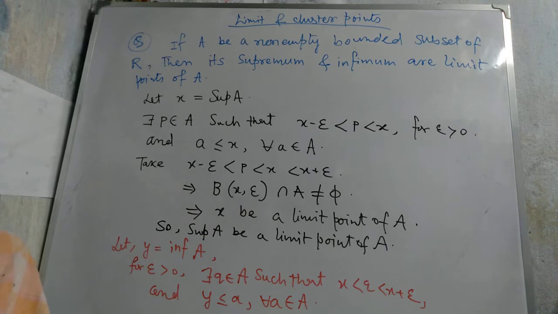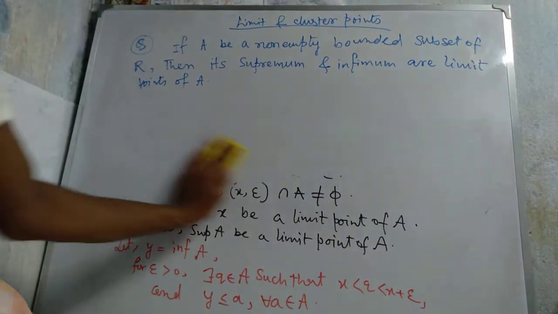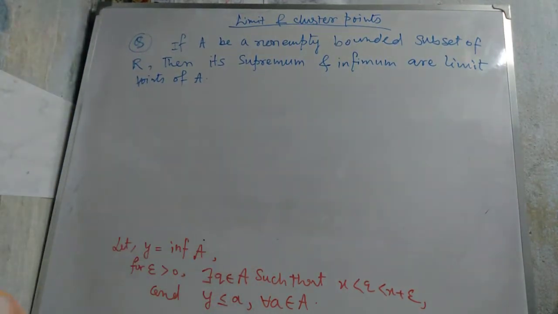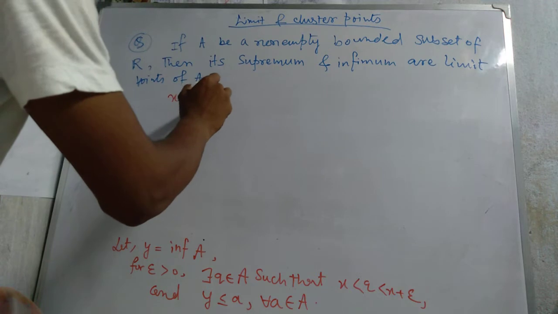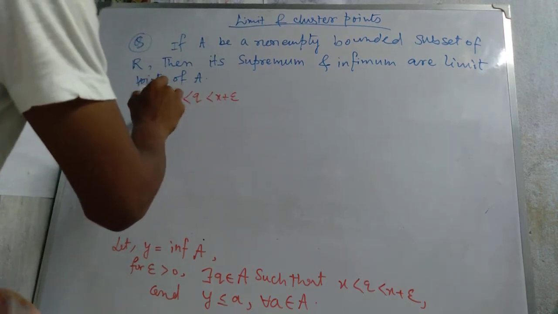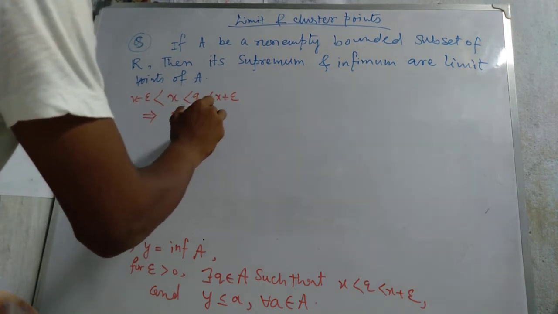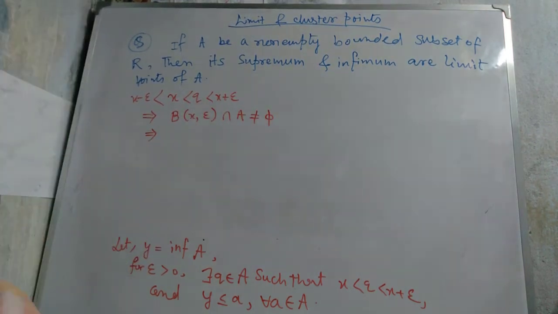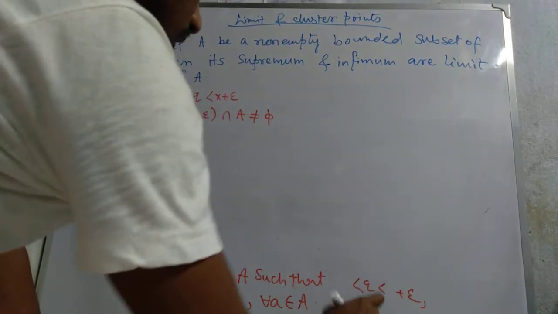Then what we get? We erase the first portion of this problem. Then we get simply y less than Q less than y plus epsilon. This implies B(y, epsilon) intersection A not equal to phi. Sorry, we wrote wrong here. Not x, we take y, so here y.